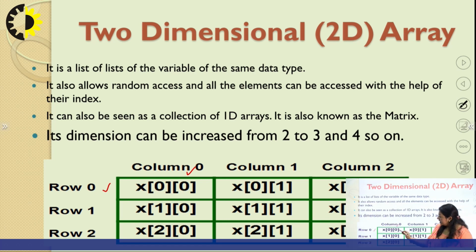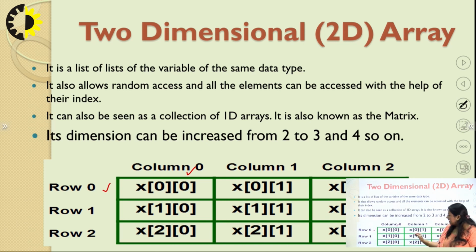Here is the indexing value of the row and column. It can also be seen as a collection of 1D arrays. It is also known as a matrix. You can see the representation of row and column in the matrix, that means the two-dimensional array. Here the indexing value is taken for three columns and 3 rows.